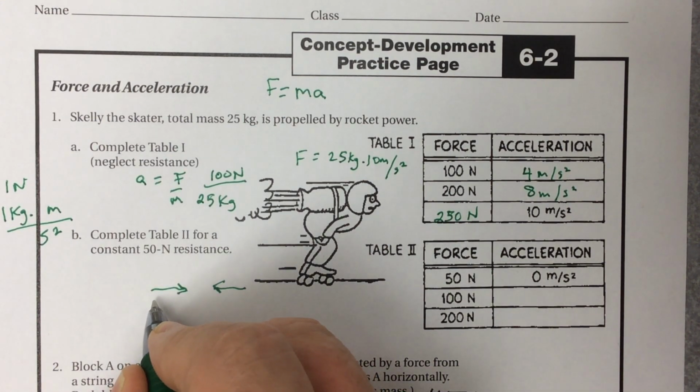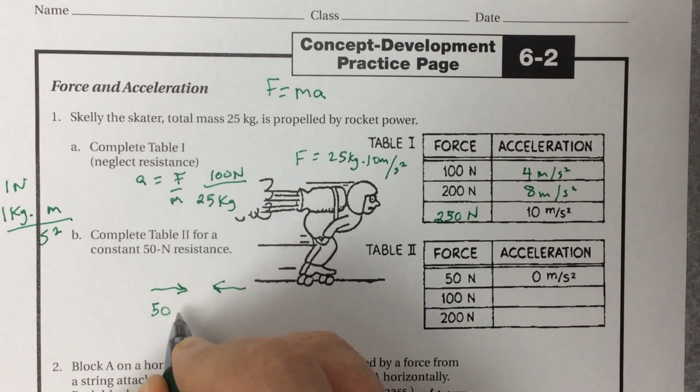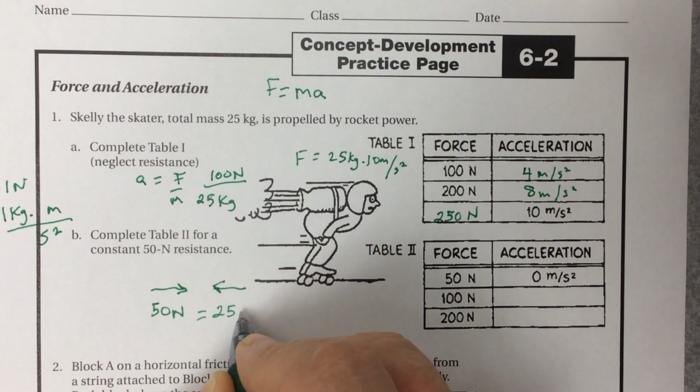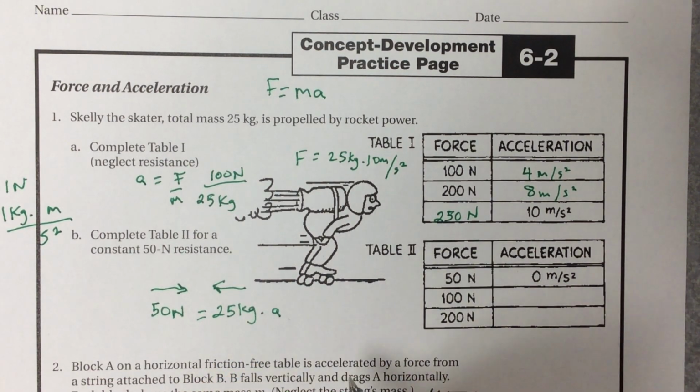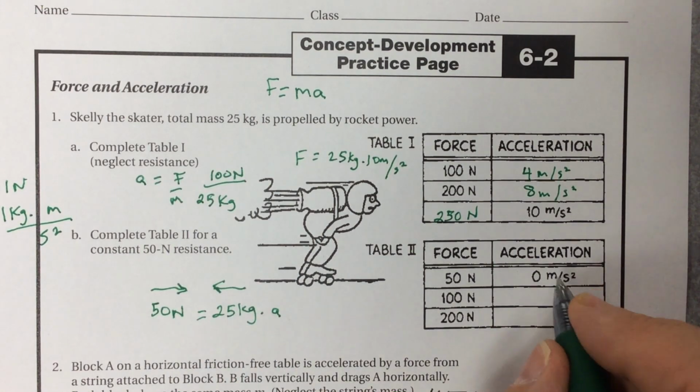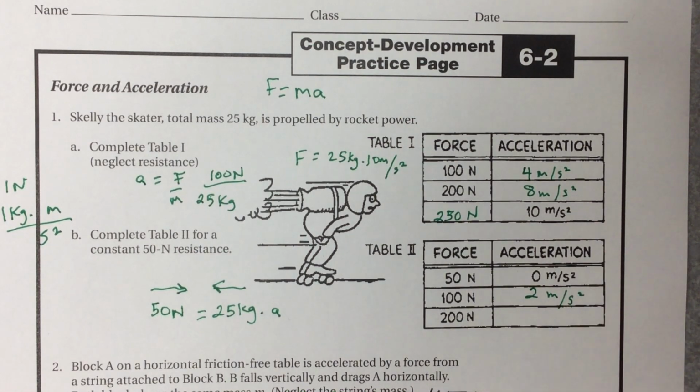So let's do it again. We have 50 newtons, that's my force, 25 kilograms, that's her mass, times acceleration. What would the acceleration be? It's going to be 50 divided by 25, which gives you 2 meters per second squared.